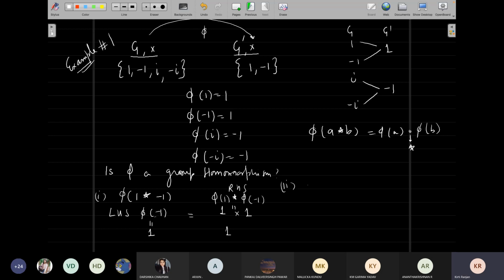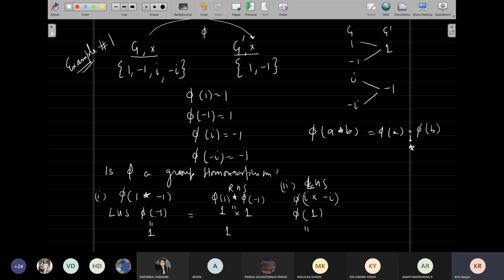Now do that for the other elements also. Let's say i into minus i, phi. Let's consider this LHS. What will be i star minus i? 1. Plus or minus? Plus. Great.